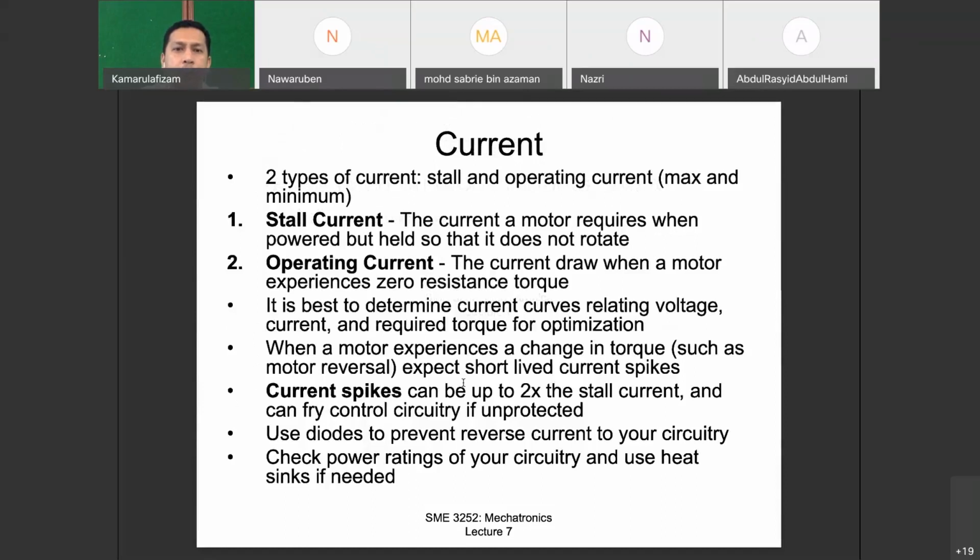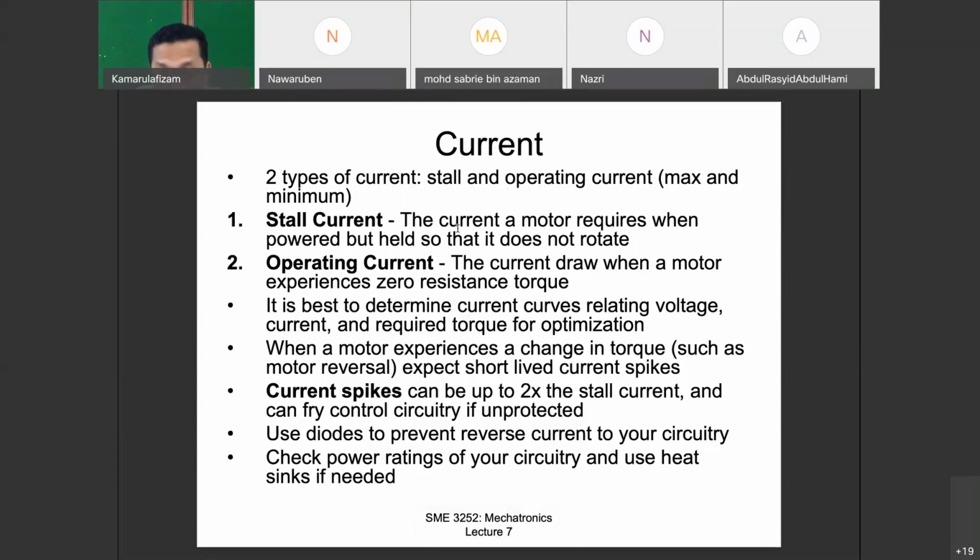Current, stall current, operating current sama macam DC motor juga. Stall current yang required, but motor belum bergerak. Sebab motor ni DC ke AC ke, you need to give up to certain voltage and current baru dia mula berpusing.